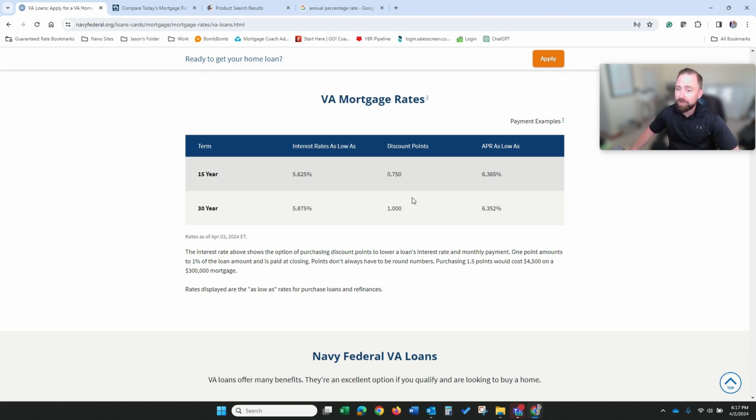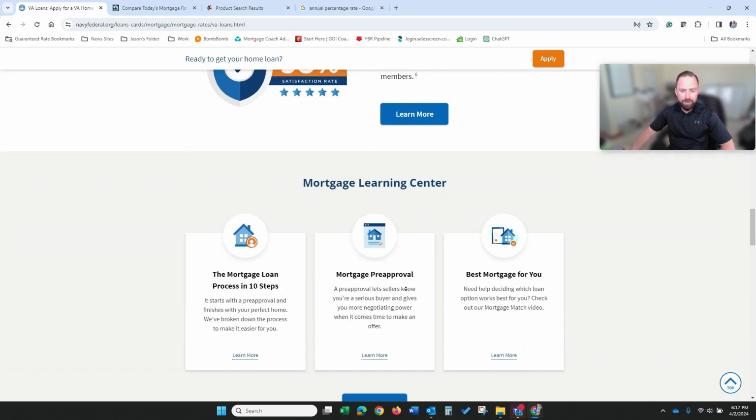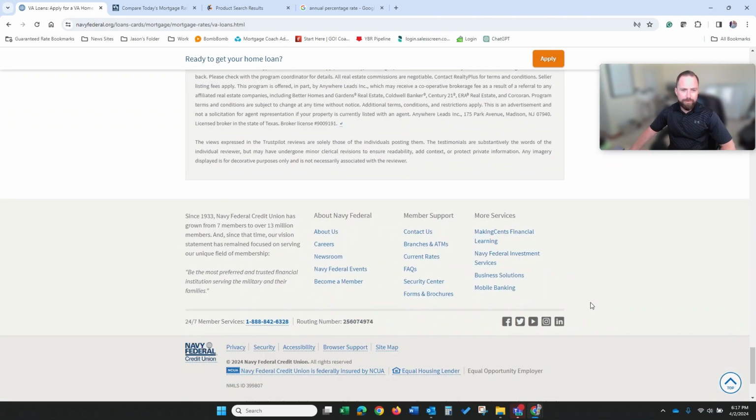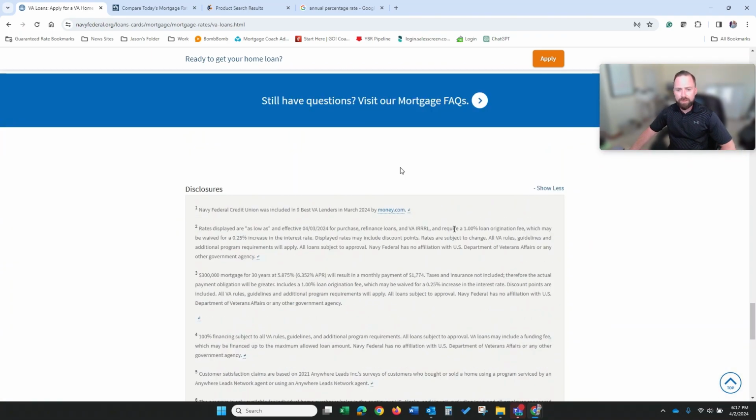So they're actually charging two discount points, and you can see it down here in the fine print: if you don't sign up with their services, mainly checking and savings accounts, they'll charge you another quarter point to get that. So they're actually charging 1.25 points, 125 basis points. One hundredth of a point is 1 basis point, so 125 basis points.